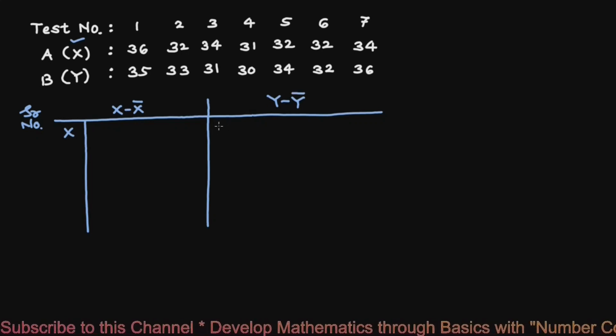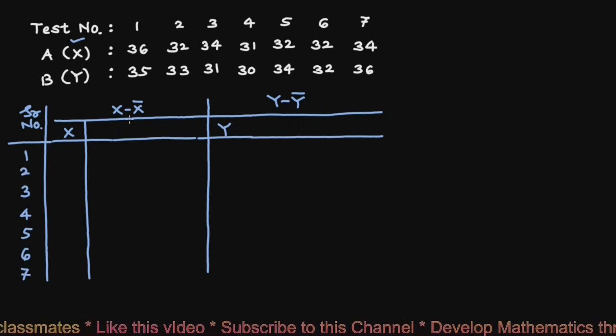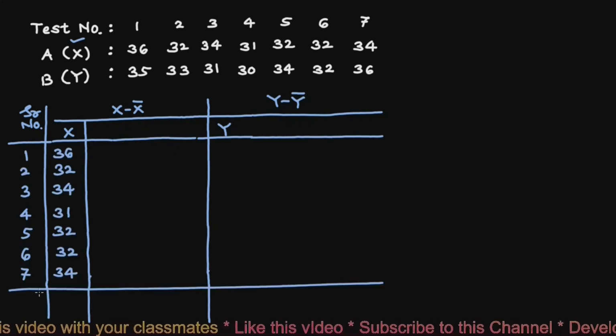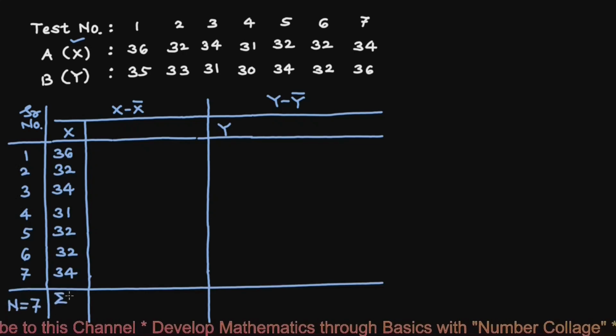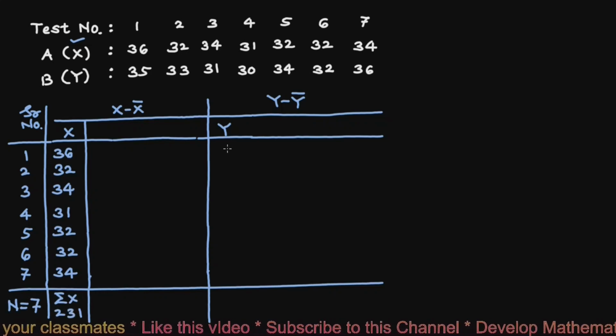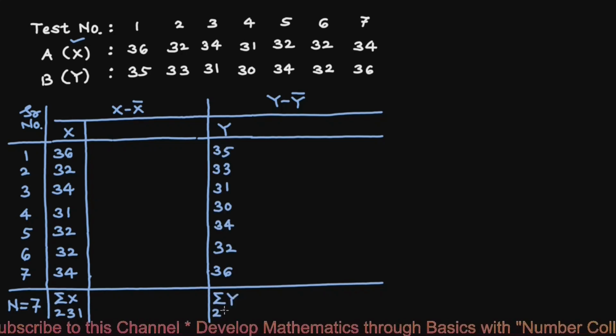In this we write the values of y. Serial number 1 to 7, then we write values of x, 34. Since there are 7 serial numbers, capital N will be 7, summation x will be 231, values of y will be 35, 36, summation y will be 231.